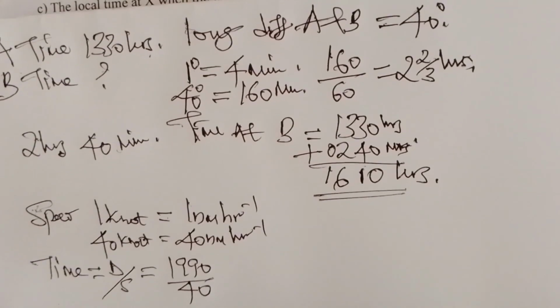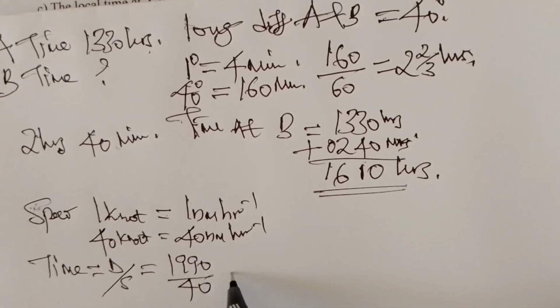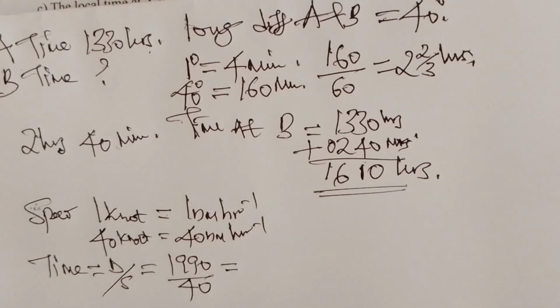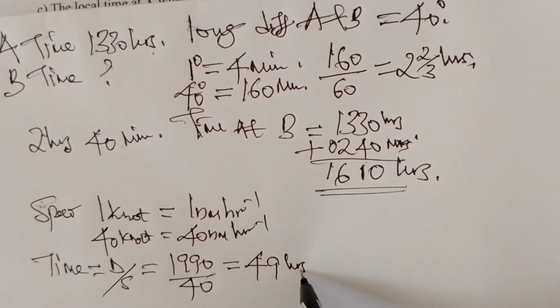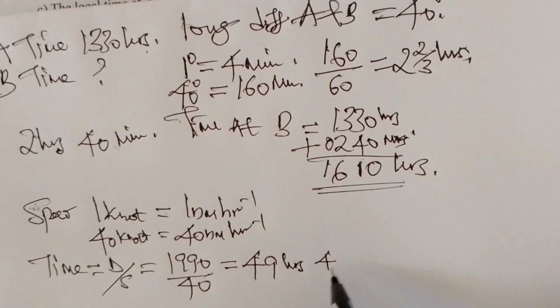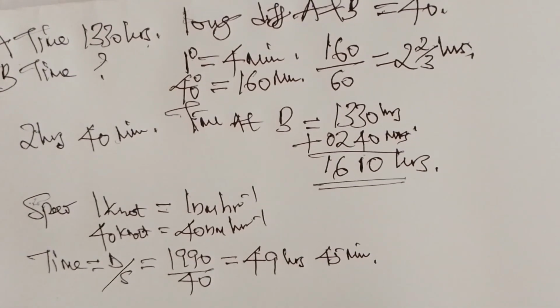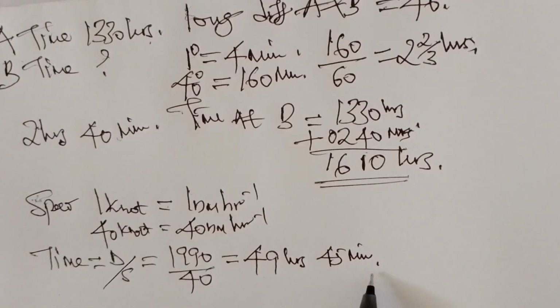When you divide 1990 by 40, you get 49 hours and 45 minutes. You can work that out using your calculator.